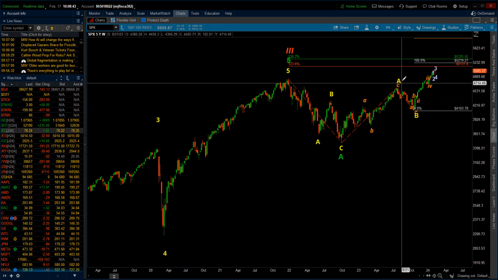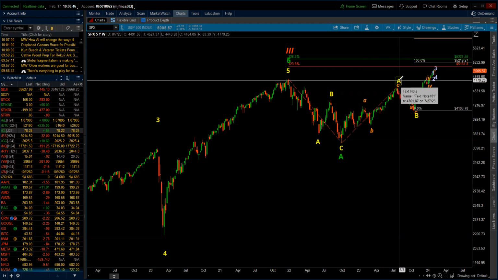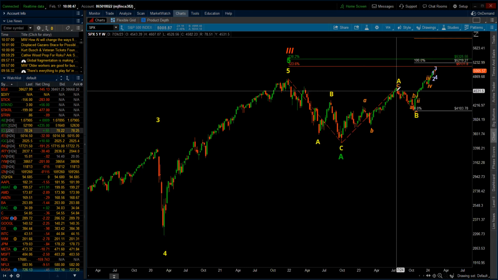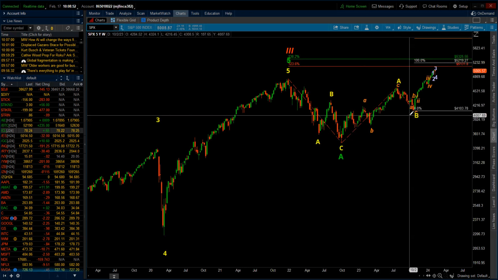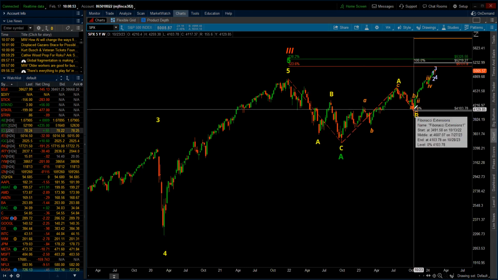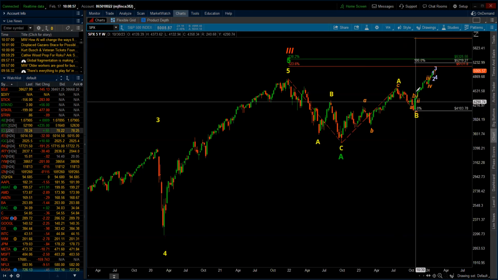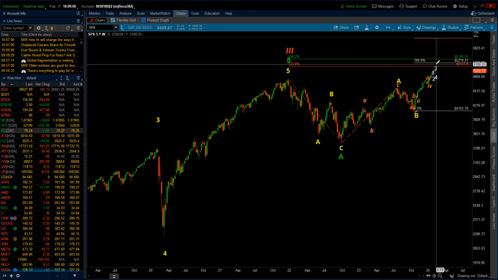So within that, we have intermediate wave A, which completed in July of 2023, intermediate wave B, which completed in October of 2023. And so we remain within intermediate wave C. Intermediate wave C will consist of five waves of minor degree.